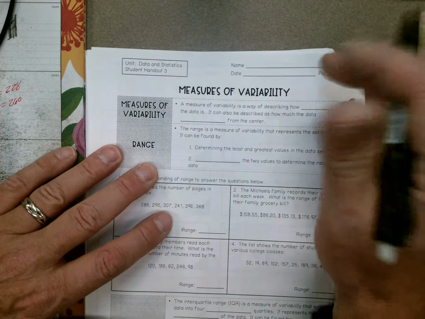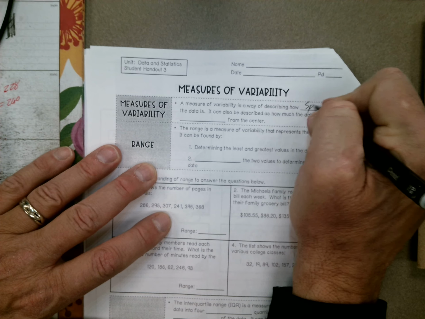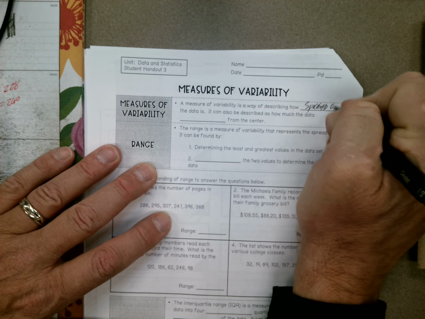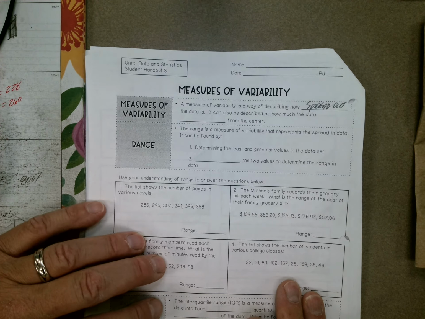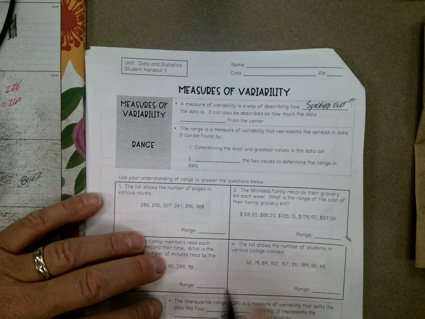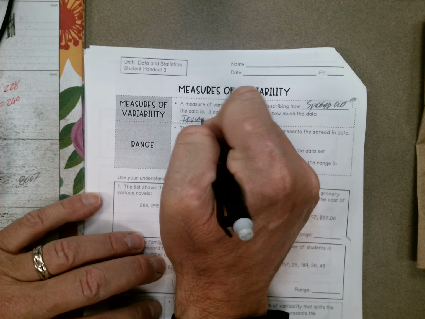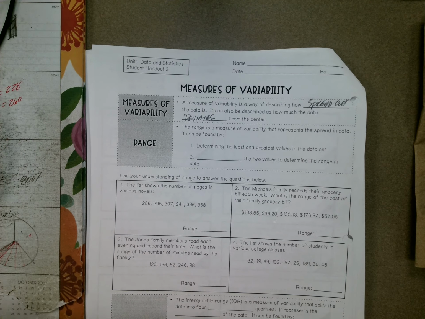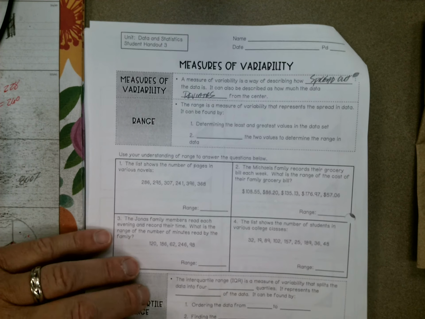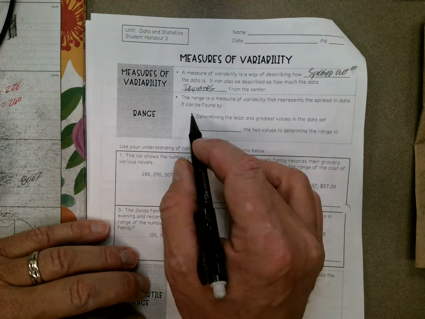A measure of variability is a way of describing how spread out the data is. It can also be described by how much the data deviates from the center. How far it is away, essentially, right? The range is a measure of variability that describes the spread in data.